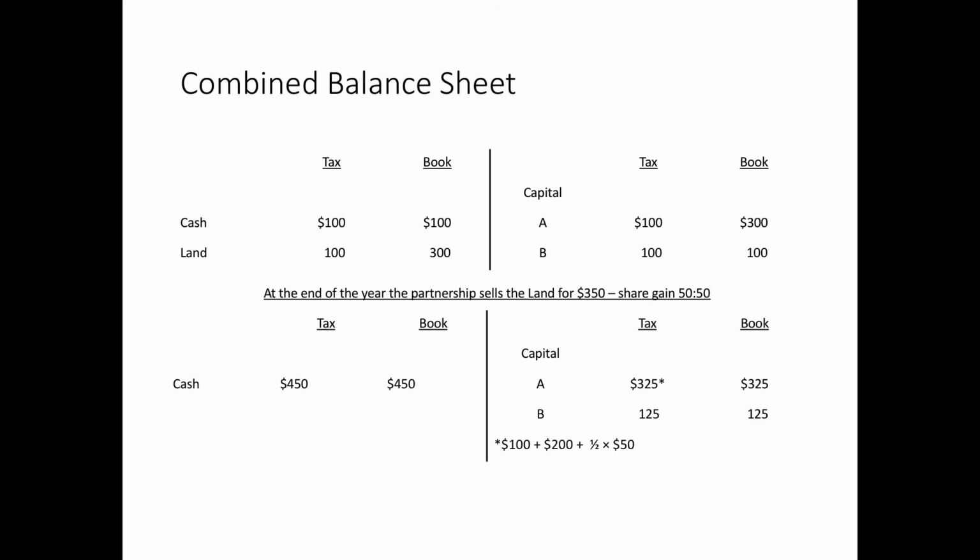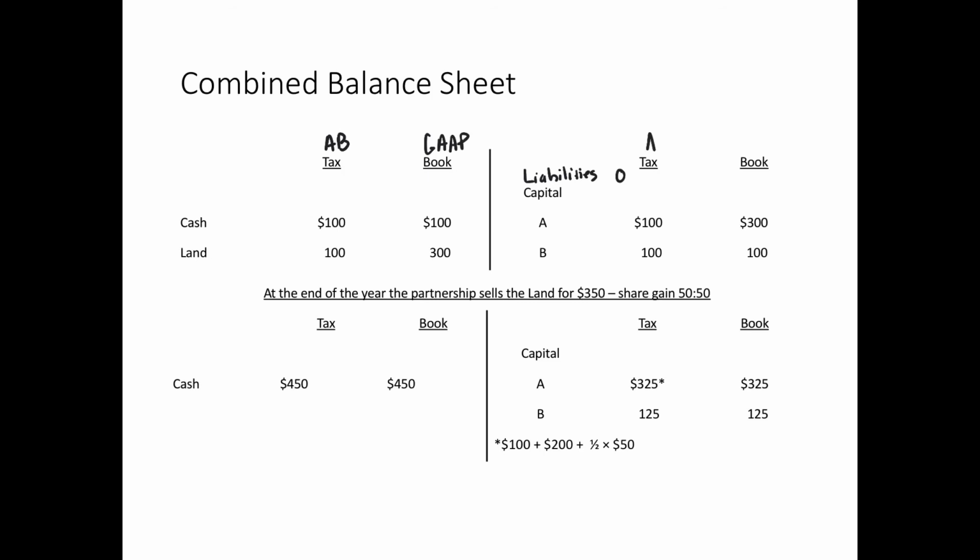So in the combined balance sheet, we've got assets on the left, liabilities, which are 0, and capital on the right. So for the cash, again, face value and basis always equal, right? So tax, think of that as the adjusted basis. Book, right? That is the GAAP, generally accepted accounting principles.